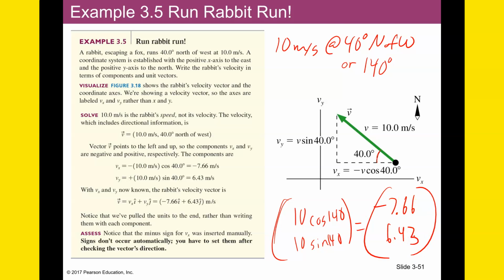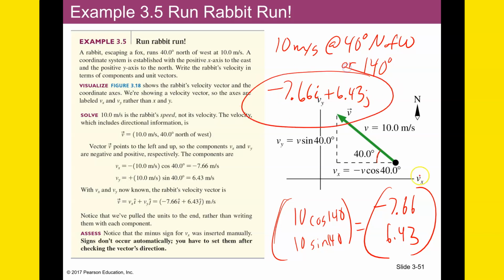That's my component vector. All right, negative 7.66 in the x direction, 6.43 in the y direction. If I wanted to also do it with unit vectors, I would simply say that's the same thing as negative 7.66 i plus 6.43 j. So those are both the answers to the question.